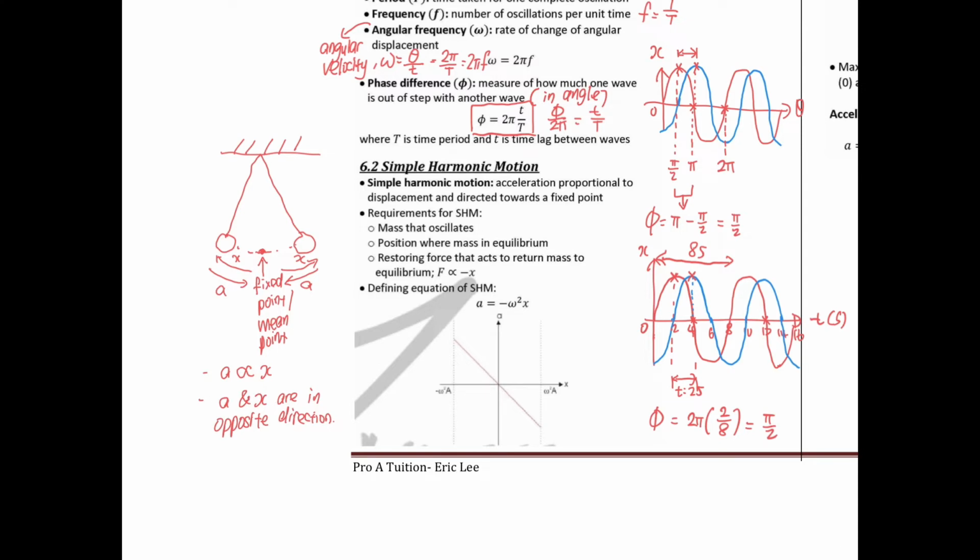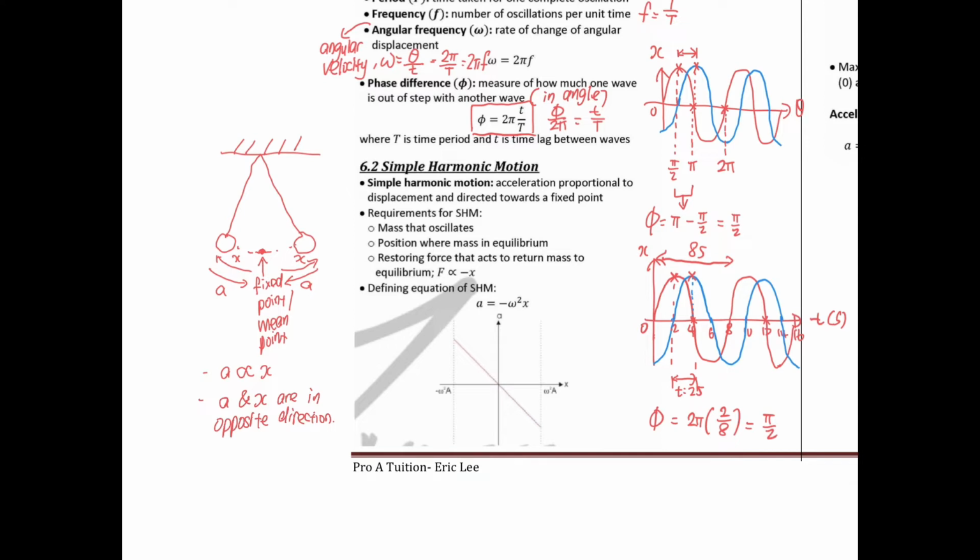Okay, now let's see more information. Requirements for simple harmonic motion. So the first thing is it must be the mass that oscillates. The mass that oscillates. Okay, so for example, this bob oscillates. It is having a mass here, so the mass that oscillates.